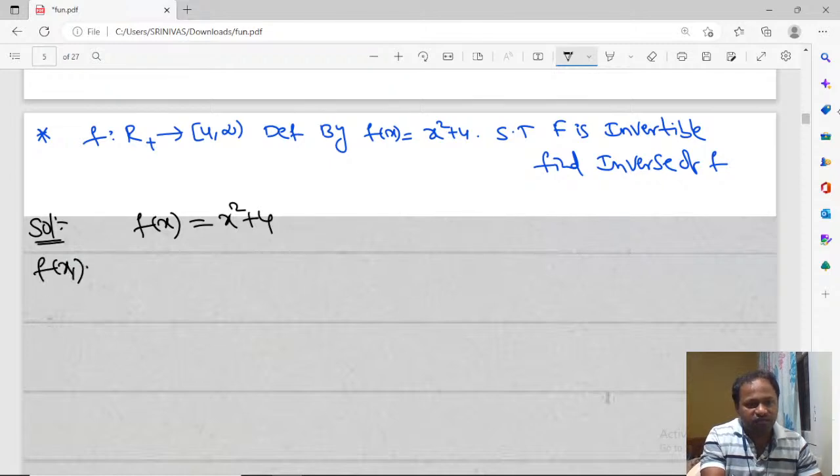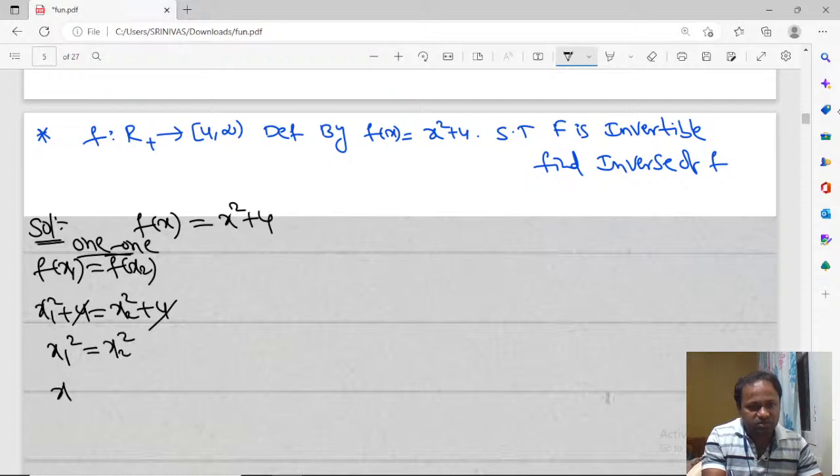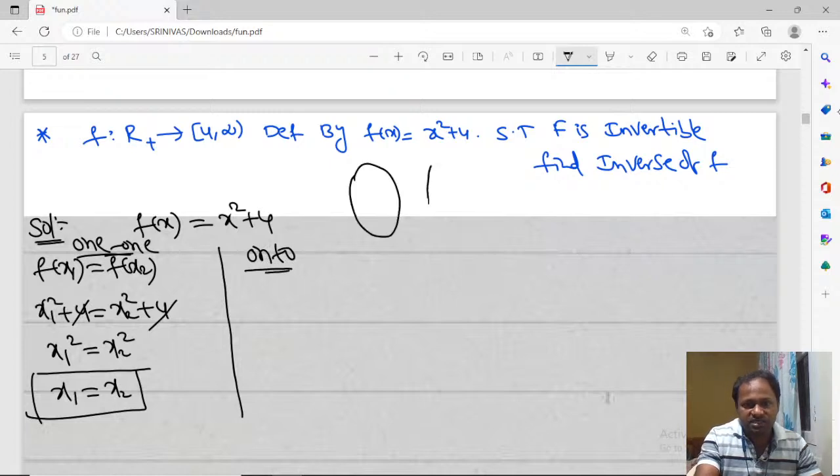Same method: f(x1) = f(x2), the one-one condition. Then x1² + 4 = x2² + 4. The 4s cancel, x1² = x2², that's why x1 = x2. One-one is clear.